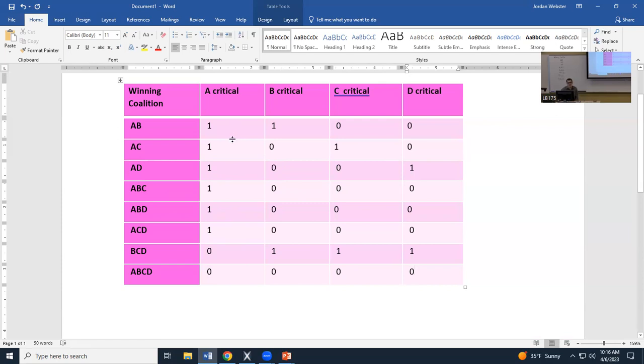Now I've filled out my table. Now I can count up how many times each individual voter was critical. Let's count for A. 1, 2, 3, 4, 5, 6. So A was critical six times. B was critical 2 times.